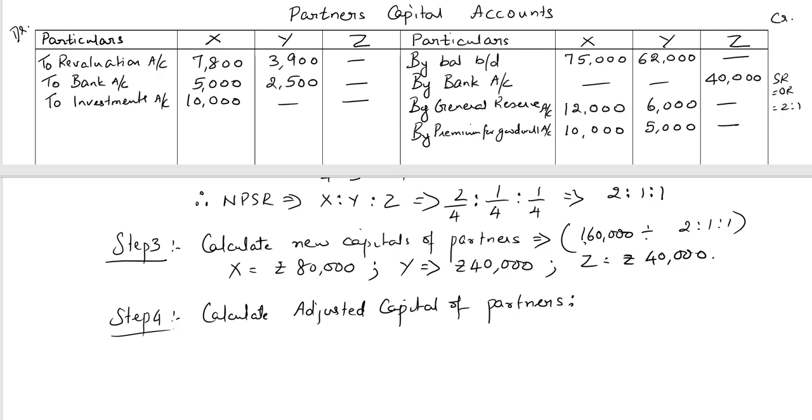That is the capitals of the partners after all adjustments have been made, which is the total of the credit side minus the debit side for each of the partners. So in the case of X we have rupees 97,000, which is the total of the credit side minus 22,800, which is the total of the debit side.